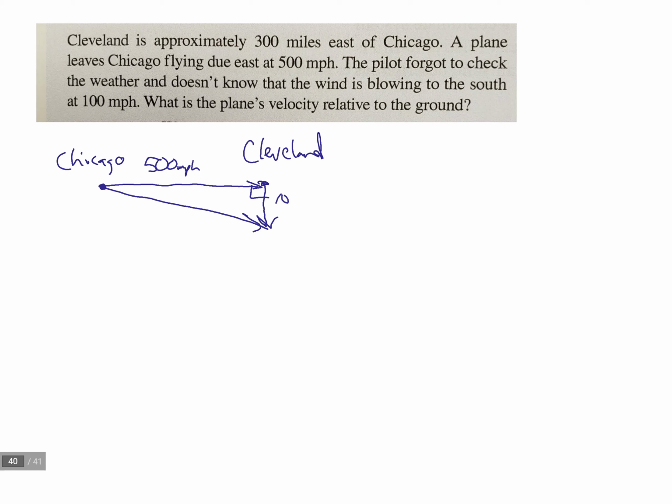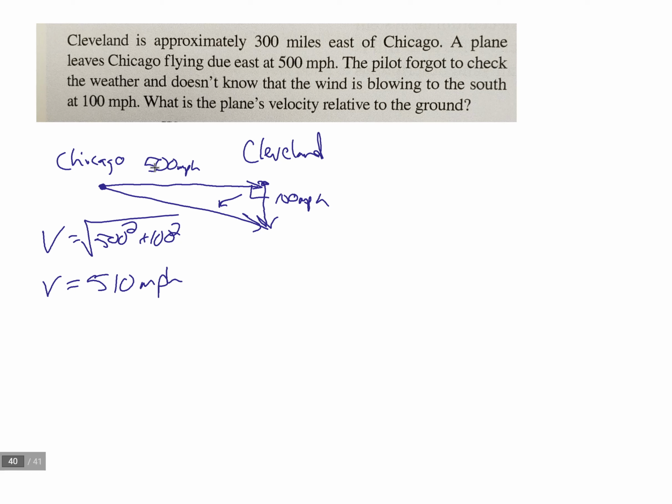But the wind is blowing at 100 miles per hour south. So in this right triangle, directly opposite this one is the hypotenuse, and the Pythagorean theorem will get us there. Our actual velocity is going to be the square root of 500 squared plus 100 squared. If we do that math, with significant figures, we get 510 miles per hour.